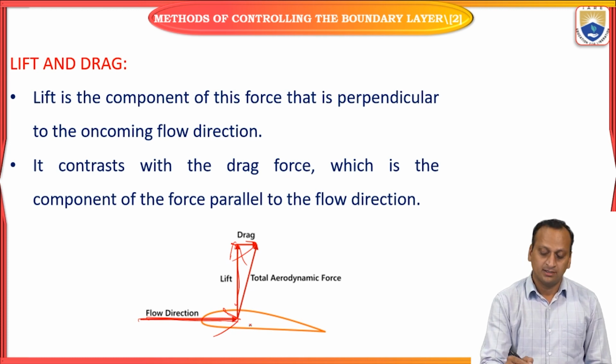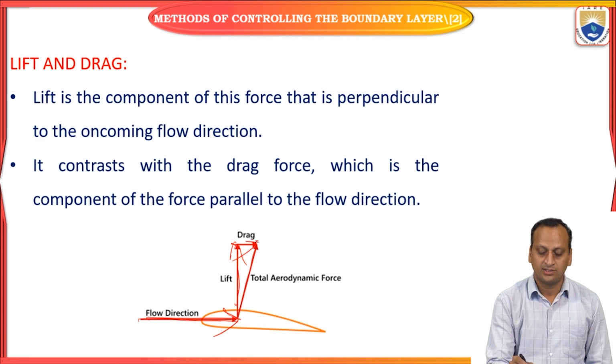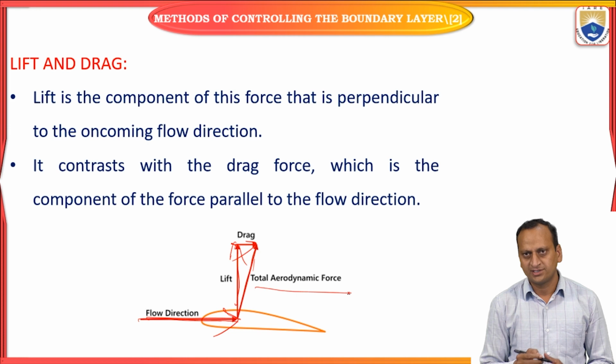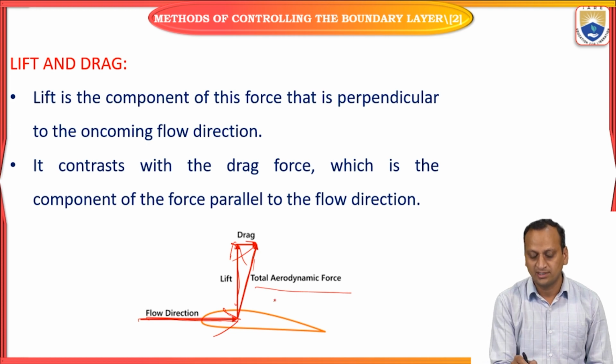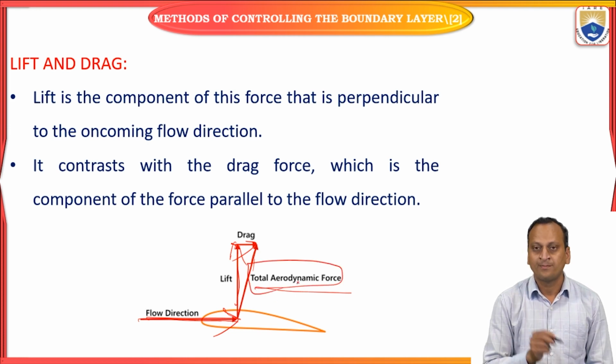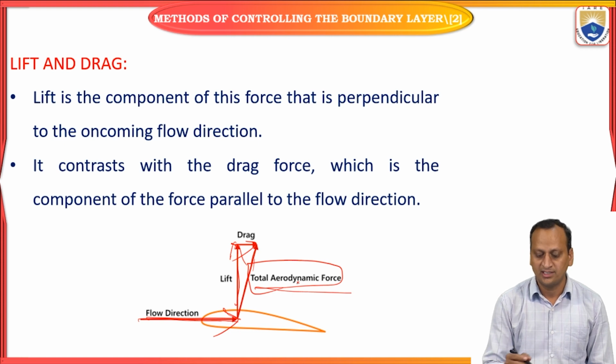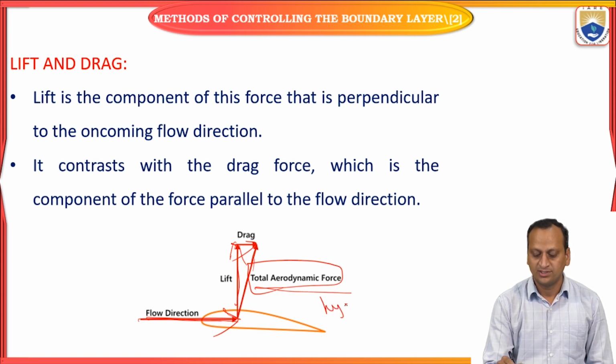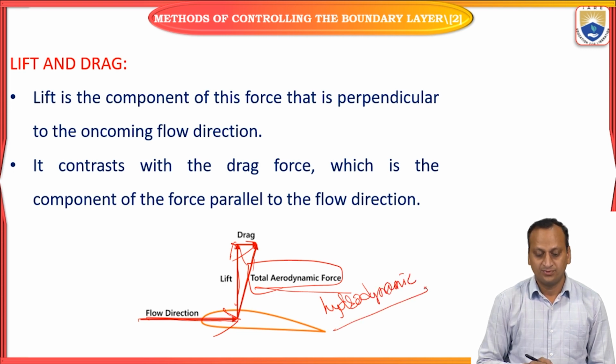The resultant of these two forces is called the total aerodynamic force. In the case of gases, in the case of air, we call it the total aerodynamic force. But in the case of liquids, we call it the hydrodynamic force. So there is a difference between hydrodynamic force and aerodynamic force.